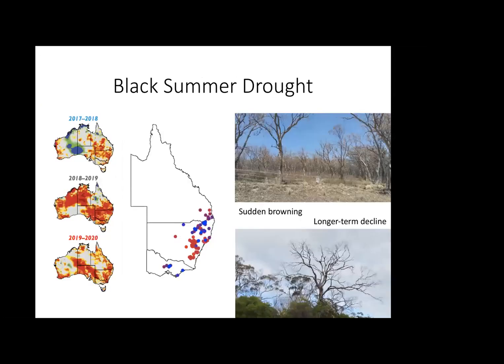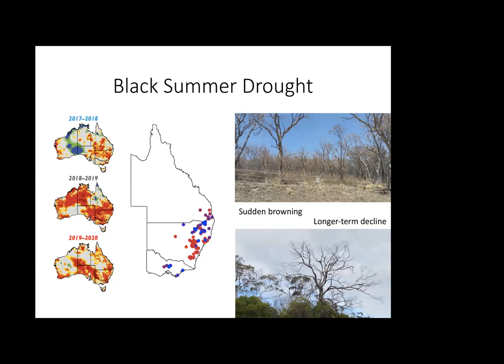And from 2018, we went into one of the most sharp and severe droughts that we've seen in a very long time. So the Millennium Drought was long, but it wasn't really harsh. Similarly, Federation Drought, long, but not harsh, whereas the lack of rainfall that we had, as well as the high temperatures that we had over the 3 years from 2017 through to early 2020, was really, really severe.